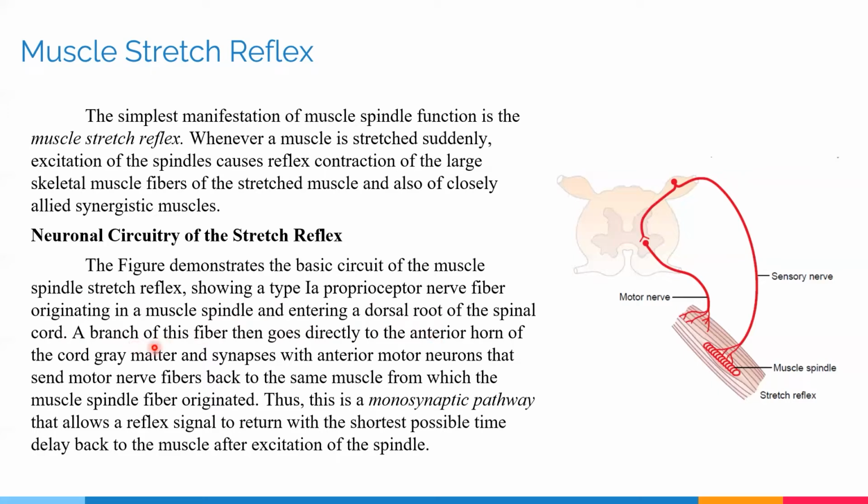A branch of this fiber goes directly to the anterior horn of the cord gray matter and synapses with anterior motor neurons that send motor nerve fibers back to the same muscle from which the muscle spindle fiber originated.